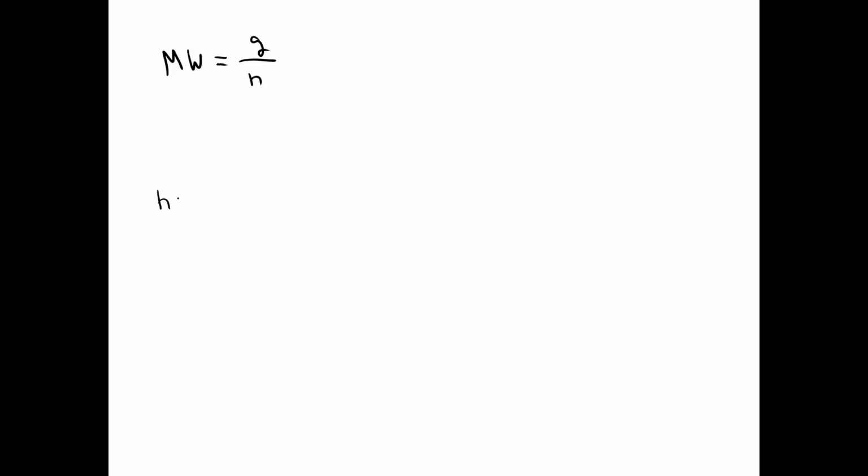So we can say that n is going to be equal to P times V over R times T. All right. Well, we could substitute. We can also work it separately. So let's just do it that way, right? Okay.